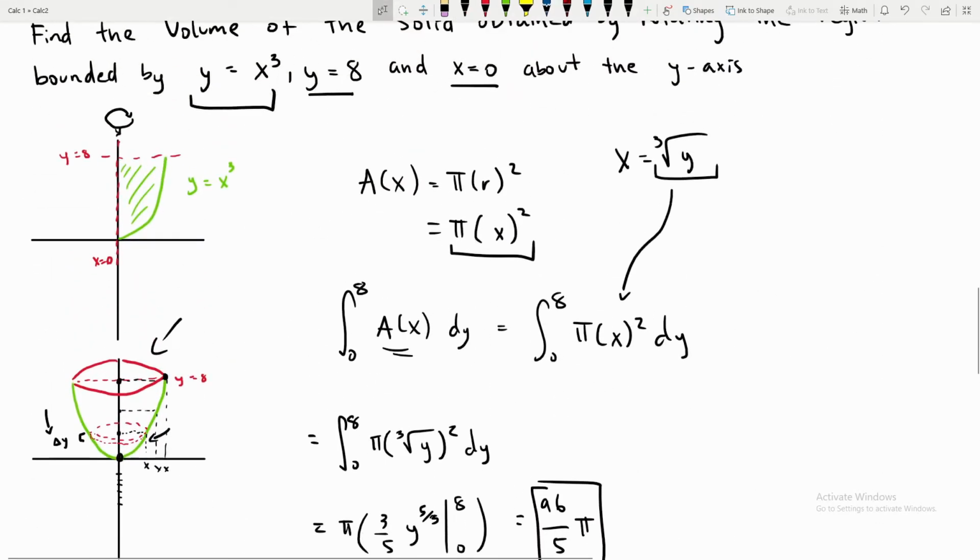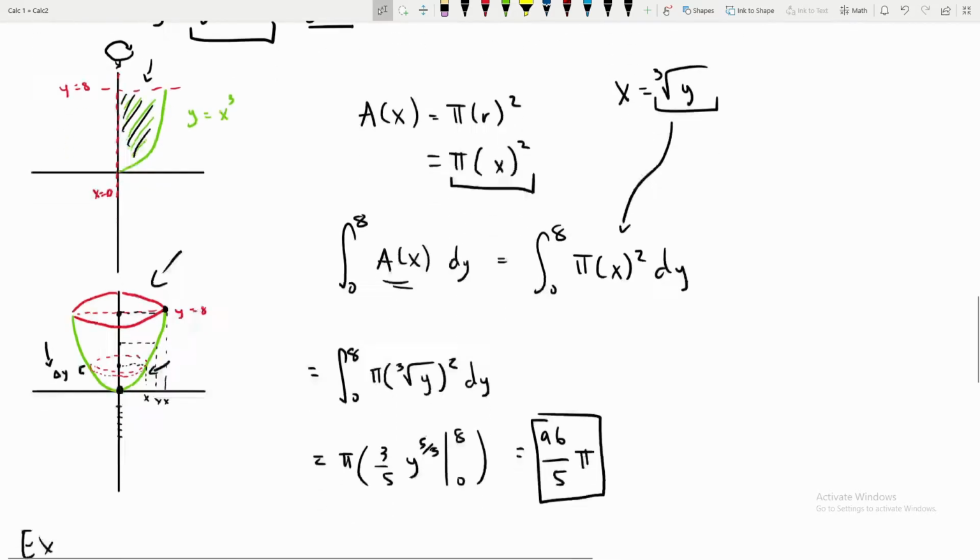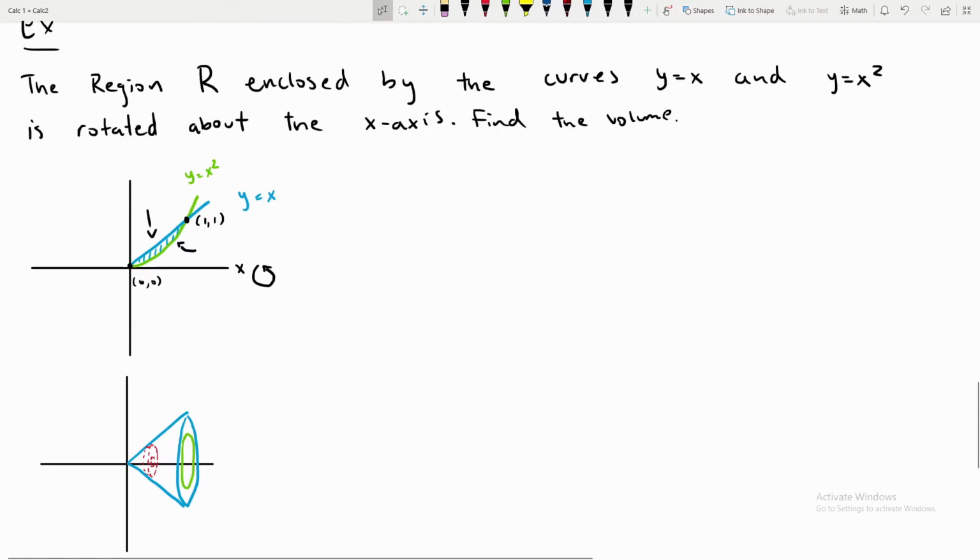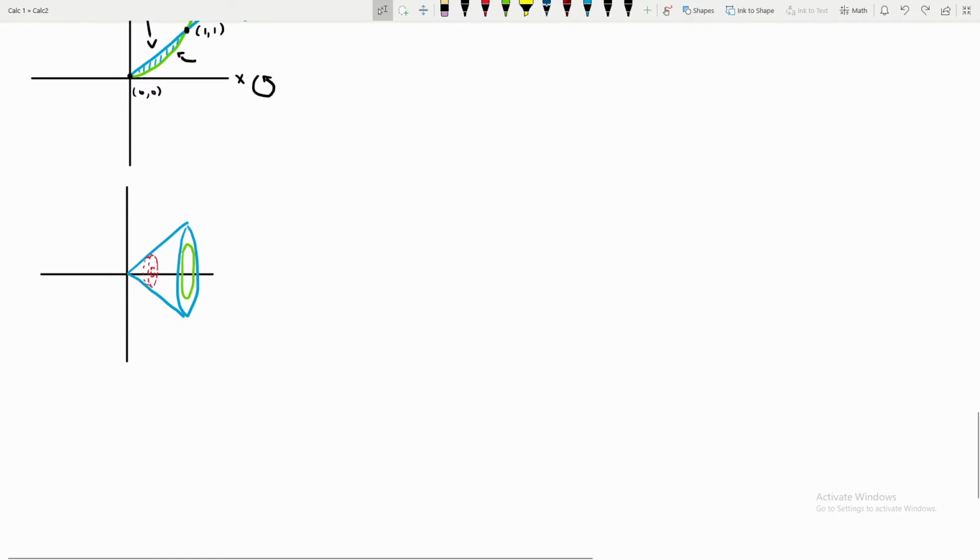As you could see over here, the function takes up the entirety of the space. However, when we rotate this little slice about the x-axis, all of this area right here is not going to be covered, and it's going to end up just hollow.